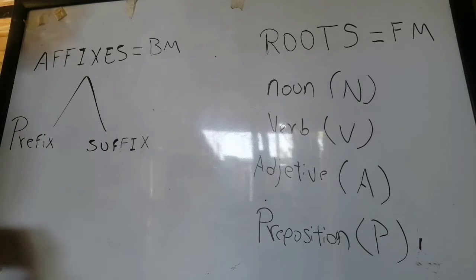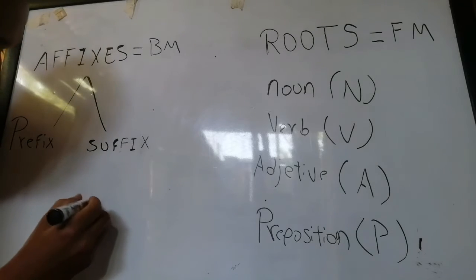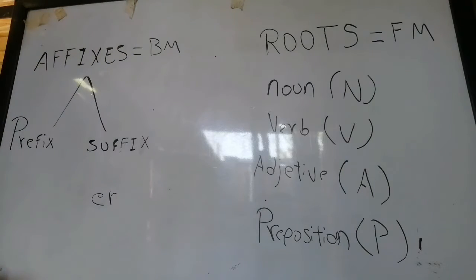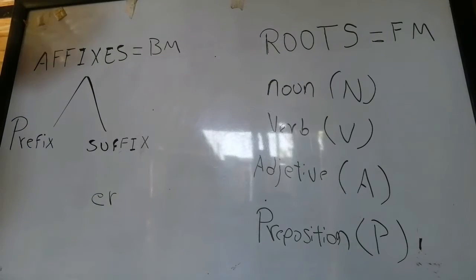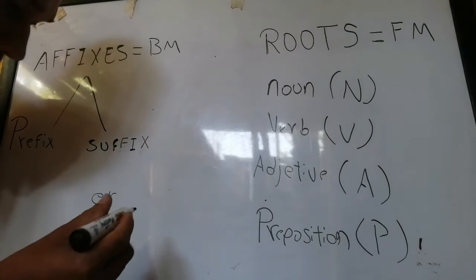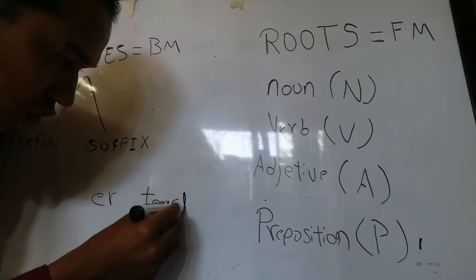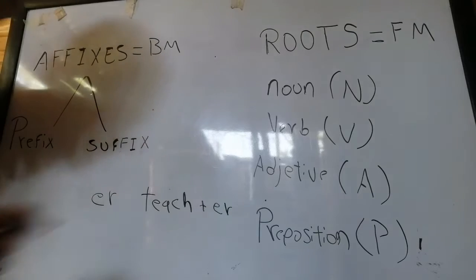For example, the affix er. This is an affix. More specifically, it's a suffix. Okay, so er is a bound morpheme that combines with a verb, such as teach. For example, the word teach plus er.